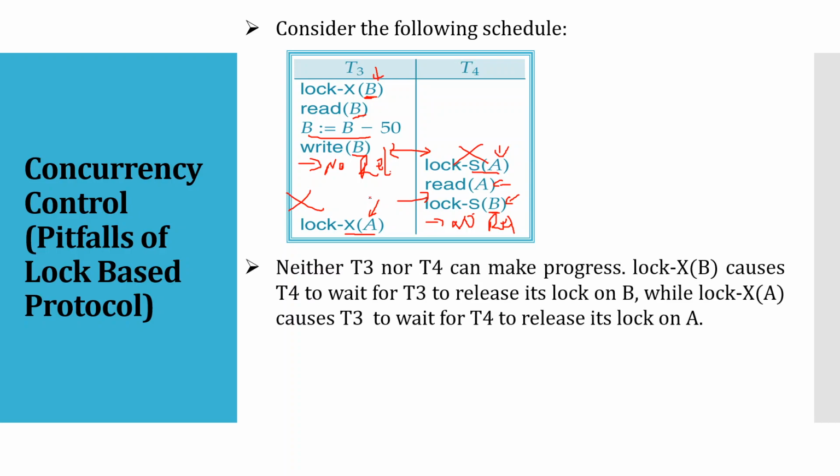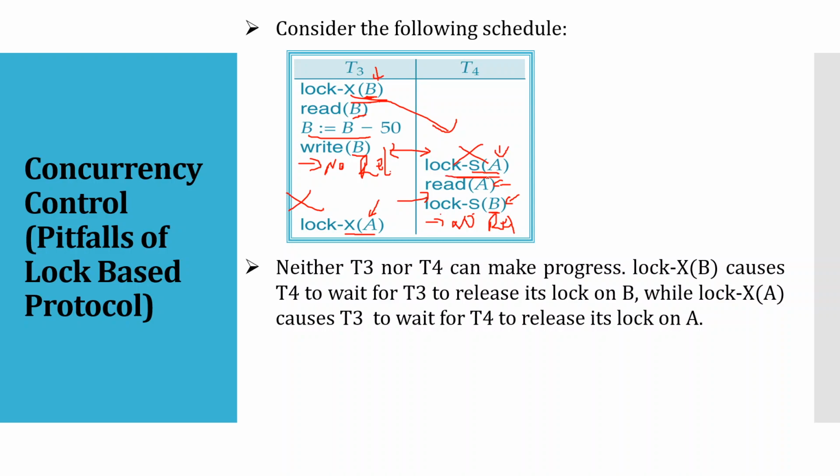So read this: neither T3 nor T4 can make progress. Lock X of B causes T4 to wait for T3. So this lock X of B makes T4 wait until T3 releases this particular lock. Similarly, for lock X of A, here S of A should be there, right?